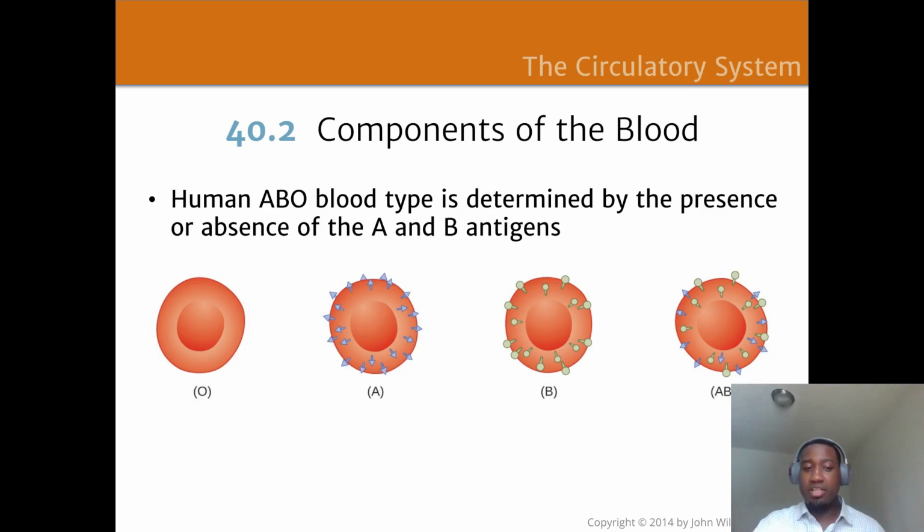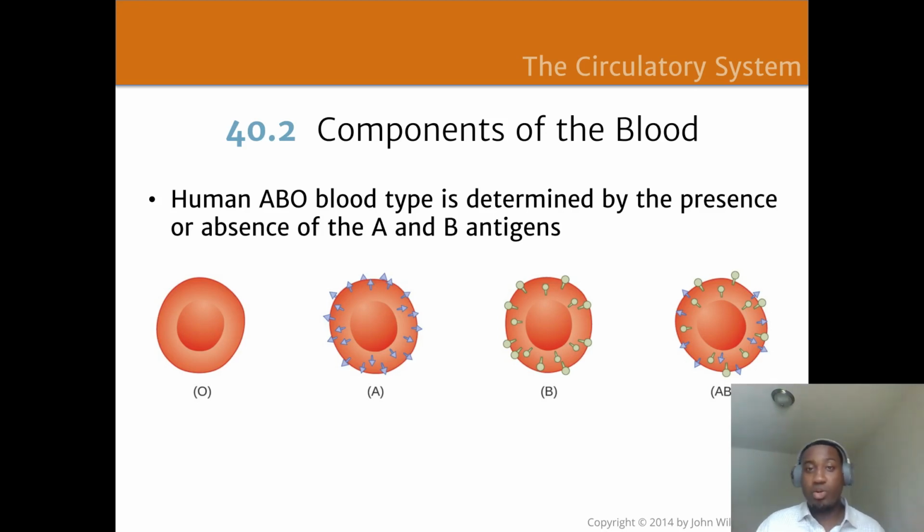So if you're an AB person and you take in O blood, it doesn't trigger a response because O blood doesn't have any antigens. If I give an AB person A blood, it doesn't trigger a response because the AB person already has the A antigens on the red blood cells. And the same for B. If you give B to an AB person, they already have B antigens on the red blood cells, so it doesn't cause a response.